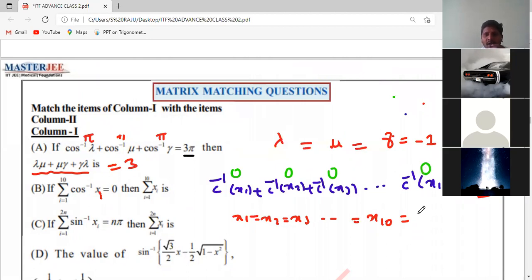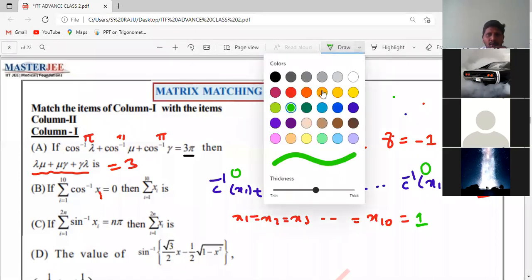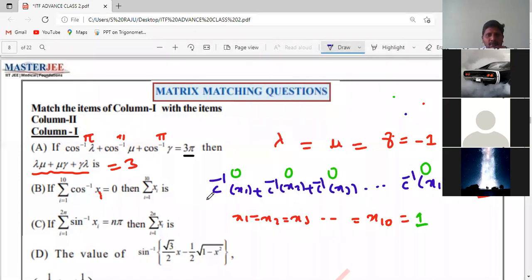But when I take all values equal to 1, x1 equal to 1, x2 equal to 1, and so on, x10 equal to 1, then what about the LHS? Cos inverse 1 is 0, cos inverse 1 is 0, cos inverse 1 is 0. Finally, all values are equal to 1. But what is the question here? Summation i equal to 1 to 10 of xi.